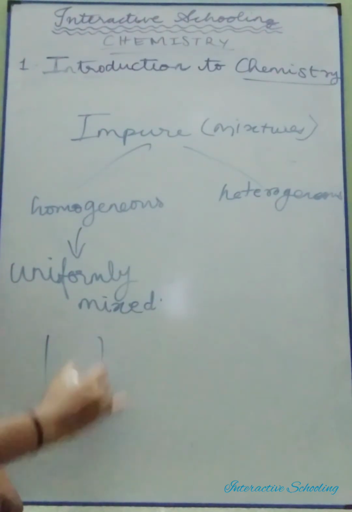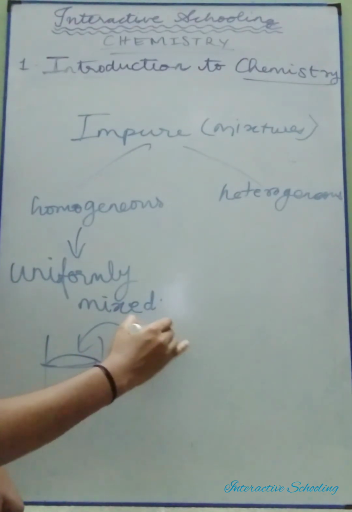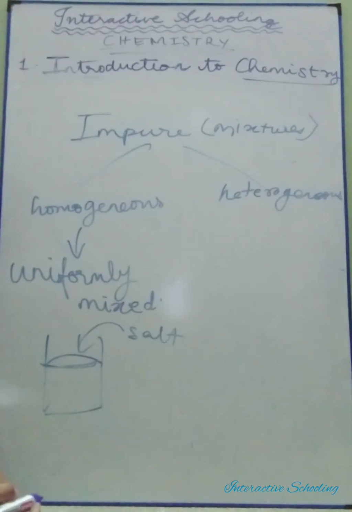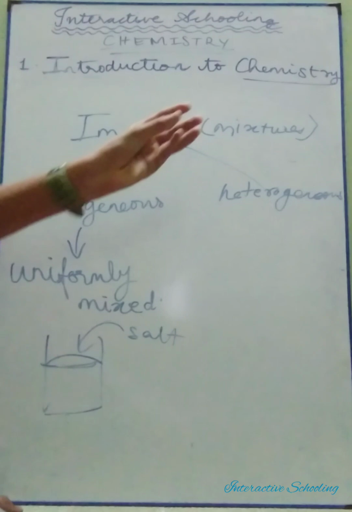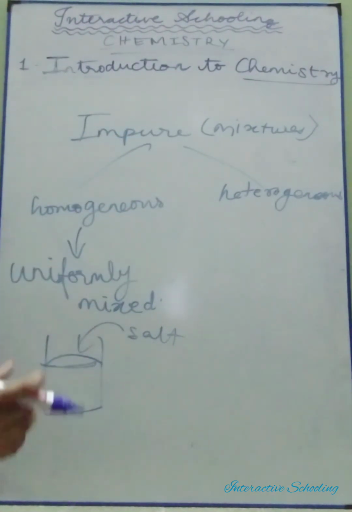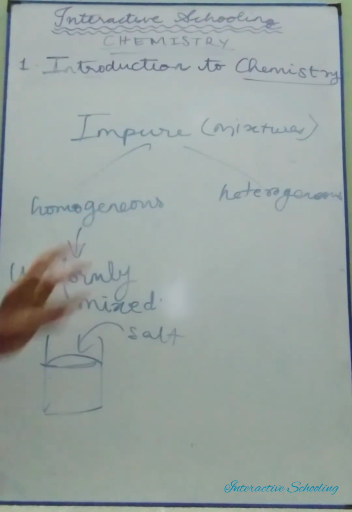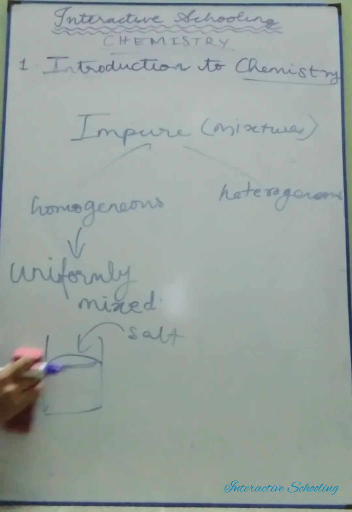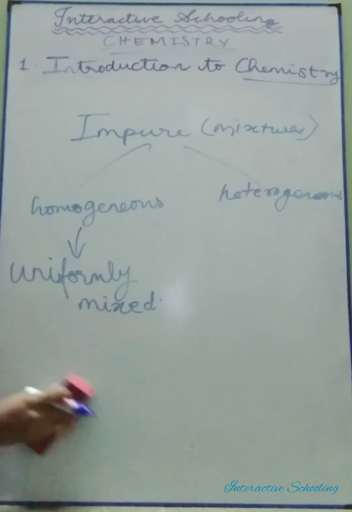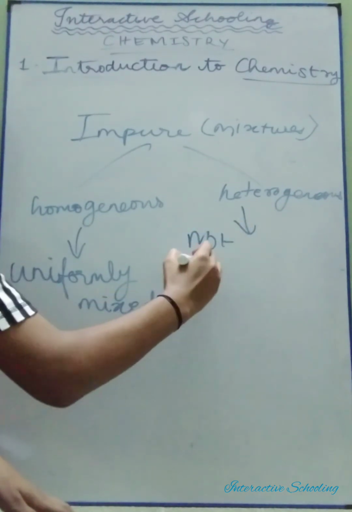If you take this salt solution again, if I add some salt and stir it for some time, what will happen? That salt will get completely dissolved in that water. I cannot say, hey, this is a water molecule, hey, this is a salt molecule, because you cannot see the difference. They are uniformly mixed together. You cannot find any separate particles of the constituents. But in the case of heterogeneous mixtures, they are not uniformly mixed.